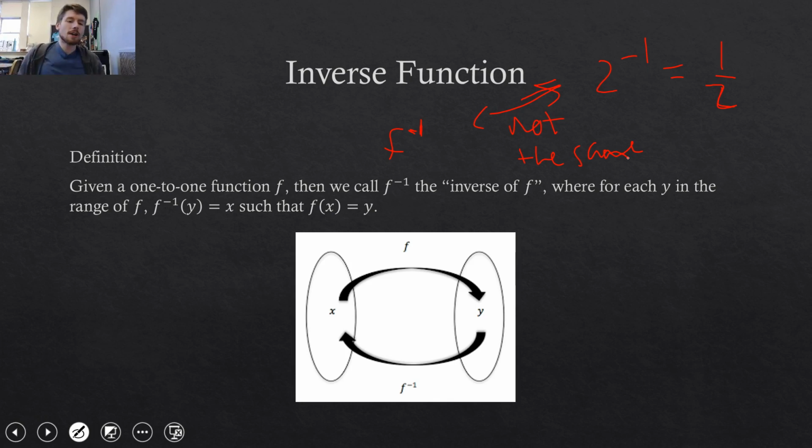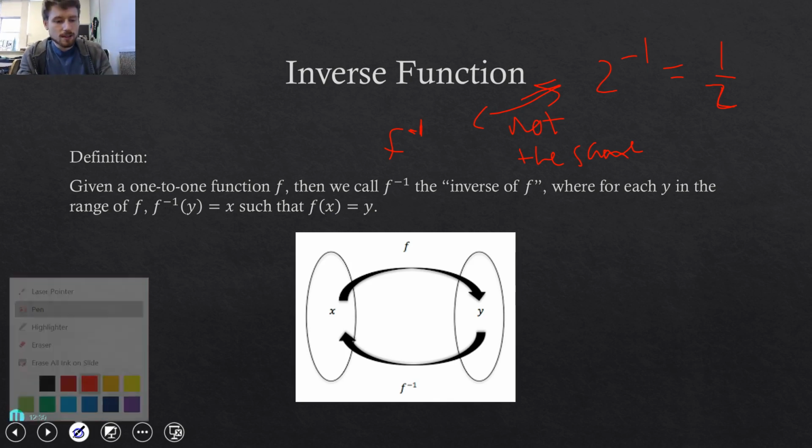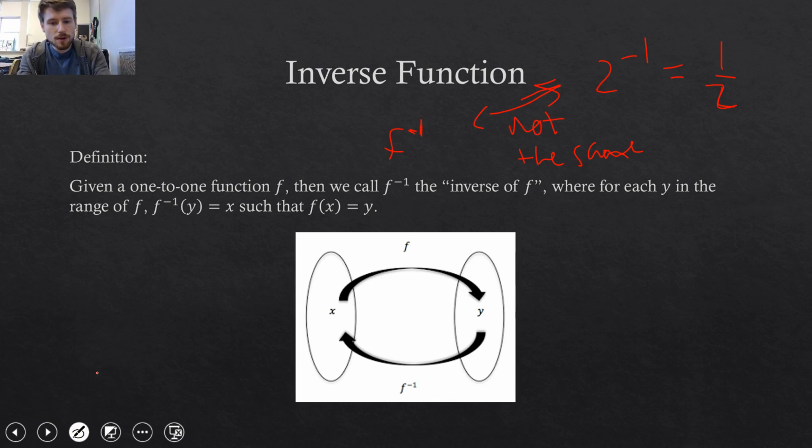So this is the undoing function. If f is the thing that takes you from your inputs to your outputs, f inverse takes you from an output to the input that you would need to plug into f to get that output. So you can think of it like, again, doing the machine in reverse.